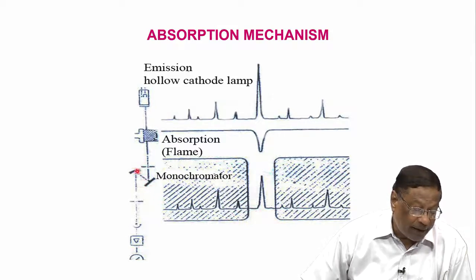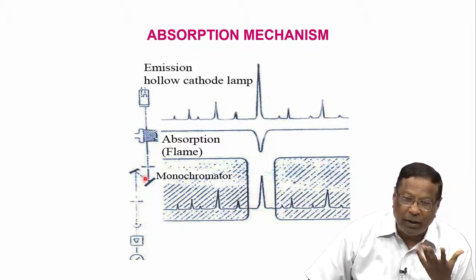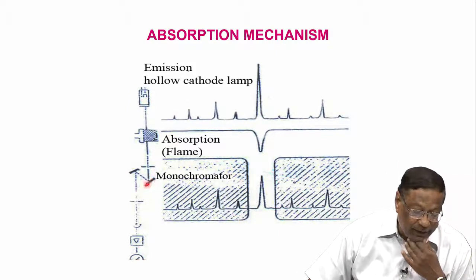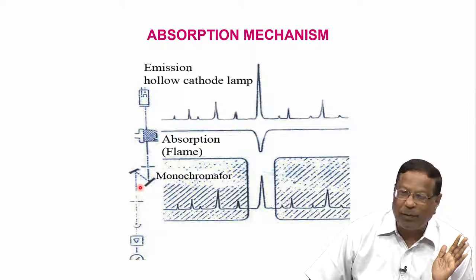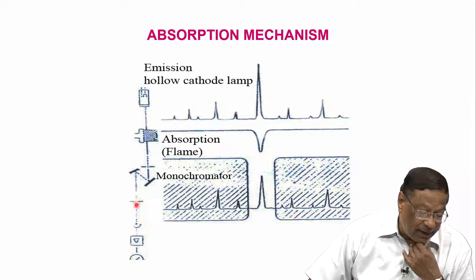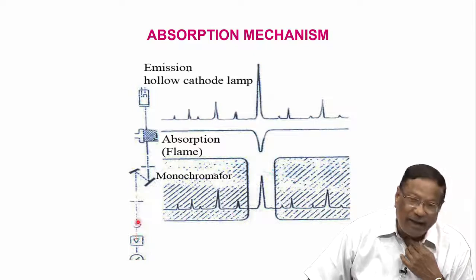Once the monochromator prism or diffraction unit separates the line, I do not have any other requirement of the optics. So, this line, again I need to collect only this radiation through a small slit, and connect it to a detector.